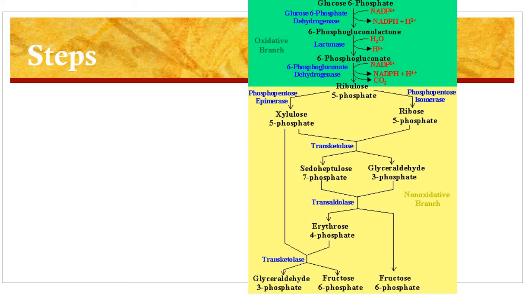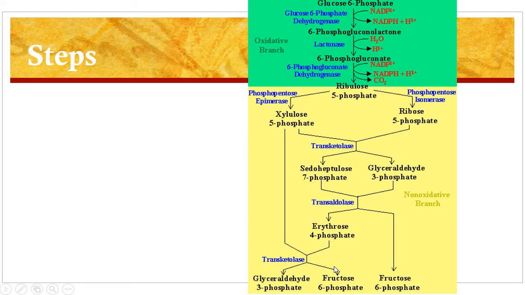In the presence of transaldolase, there is the transfer of a 3 carbon unit from sedoheptulose 7-phosphate to glyceraldehyde 3-phosphate to form fructose 6-phosphate. Here also the donor is a ketose and the acceptor is an aldose.